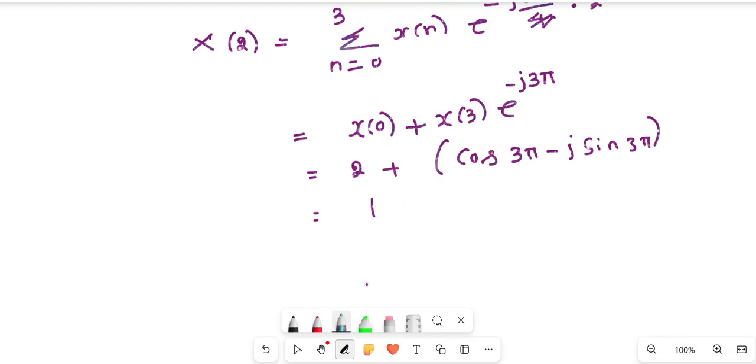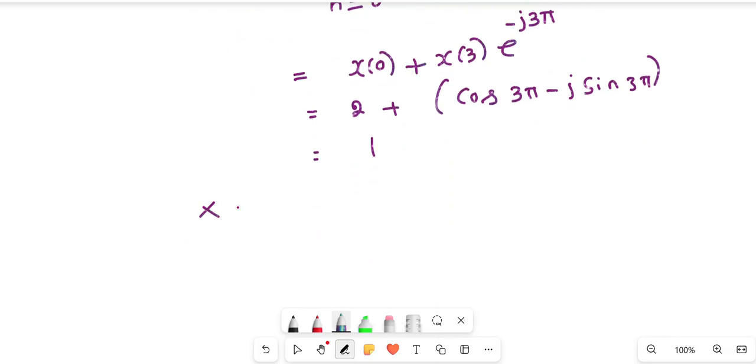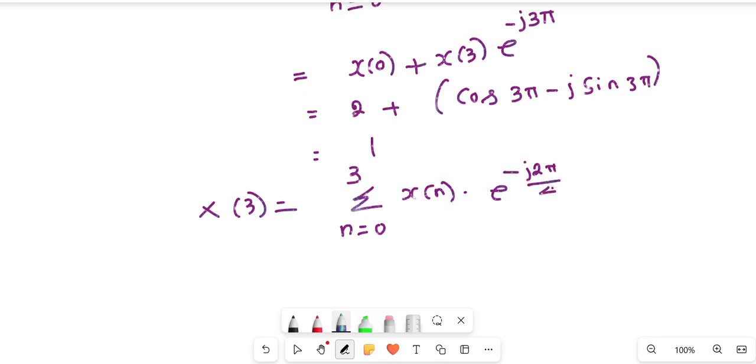Similarly, the last term, x of 3, will be the summation of n equal to 0 to 3 of x of n into e power minus j 2 pi by N, where N is 4, into k n, with k as 3 into n, so we will get 3 pi by 2.